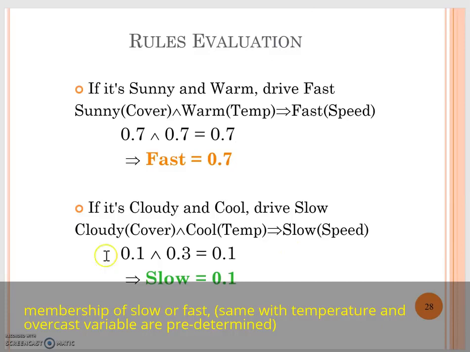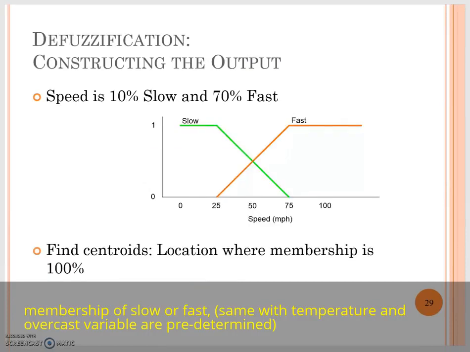So how do we project this into the output? After we evaluate these rules, we give the value for the rules. We start with the defuzzification process, constructing the output. So this is the graph for the speed. We categorize driving as slow from 0 mile per hour until 75 mile per hour, and fast, starting to speed up from 25 mile per hour until 100.